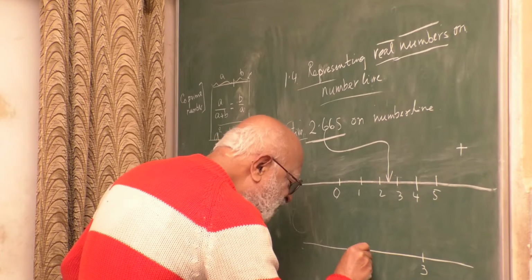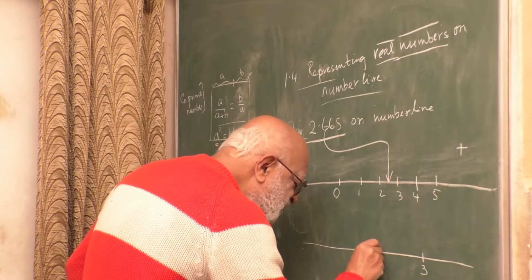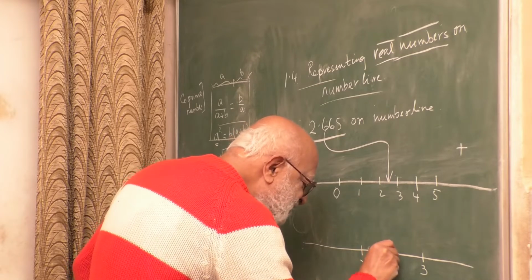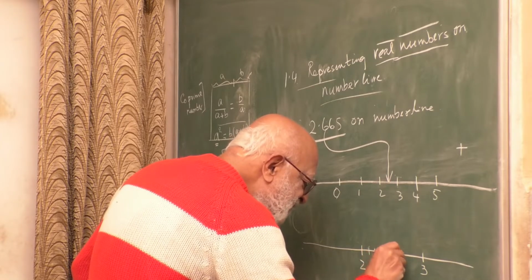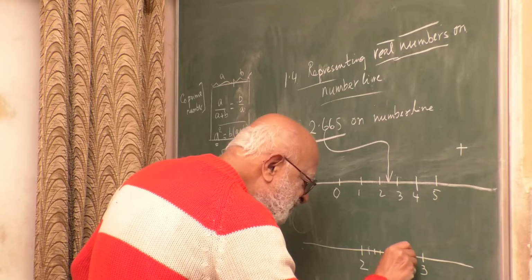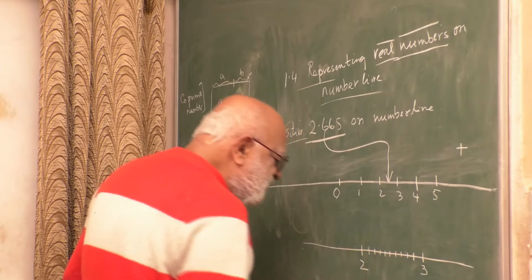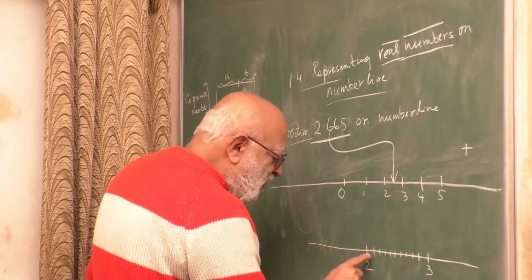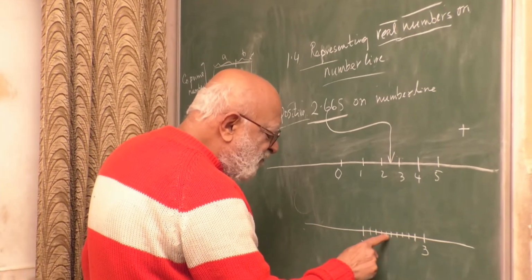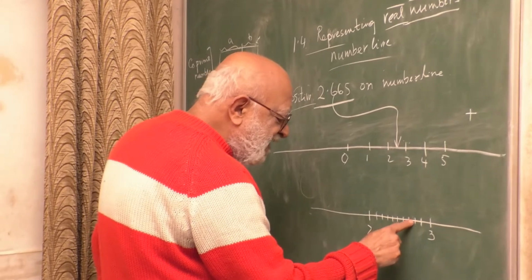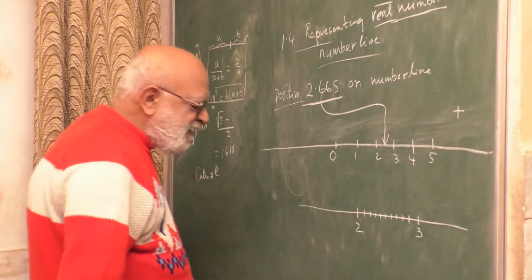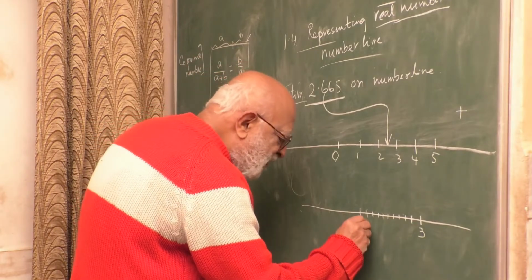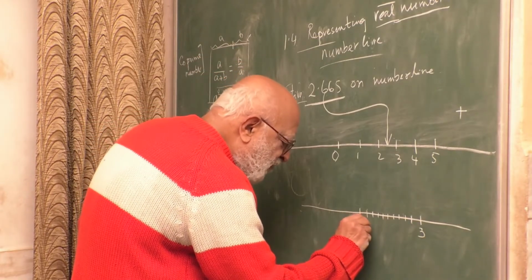So this will be say 1, 2, 3, 4, 5, 6, 7, 8, 9. So that will be 10 equal parts because I don't have to go to 10. 1, 2, 3, 4, 5, 6, 7, 8, 9, 10. 10 equal parts. If I divide these 10 equal parts, the first one will be 2.1, right?